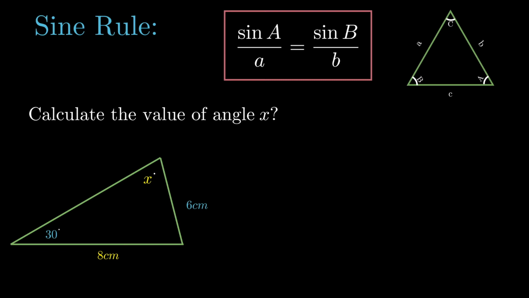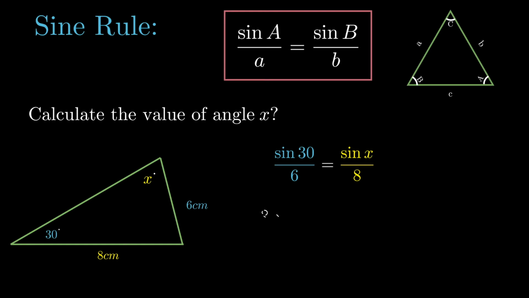So we get sine 30 over 6 is equal to sine x over 8. As you can see, we just substitute the values in. Now the next step, in order to calculate what x is, we can remove the 8 from the right side, and we do this by multiplying both sides by 8.